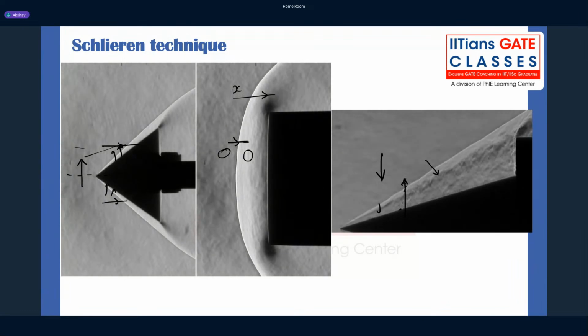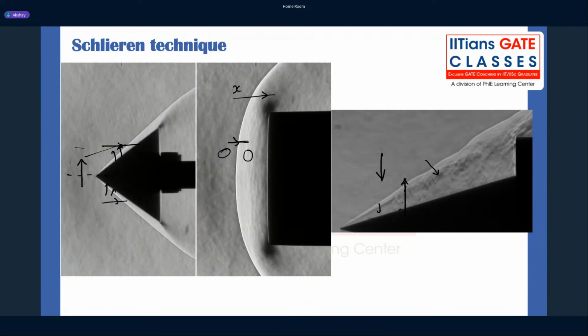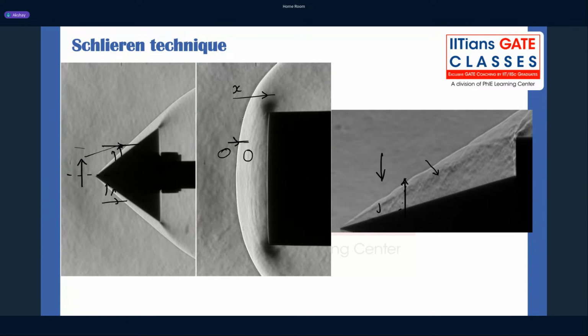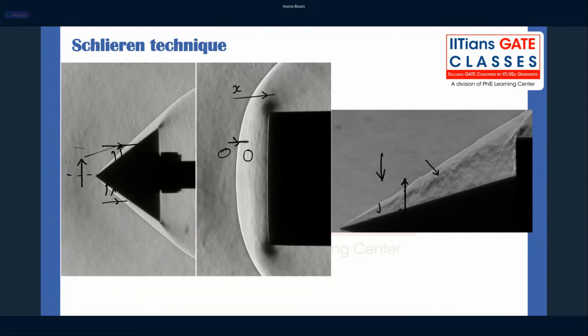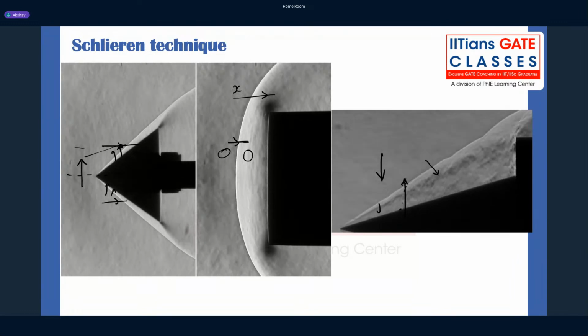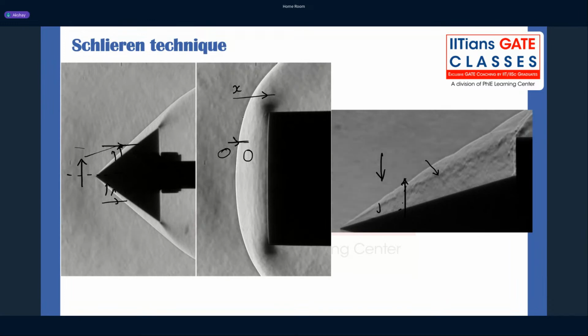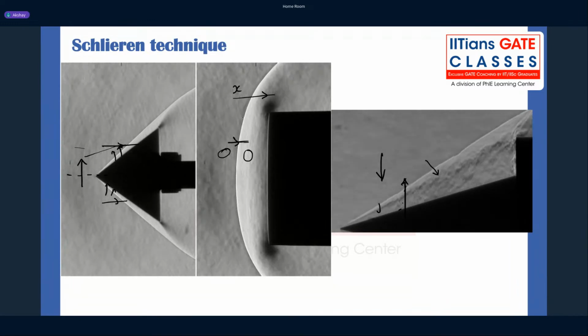The main takeaway is that it is sensitive to density gradient, and depends on in which direction you are setting up that gradient. The sensitivity depends on the direction you are looking at, either the x direction or the y direction. Based on that, your shock and other related structures differ.